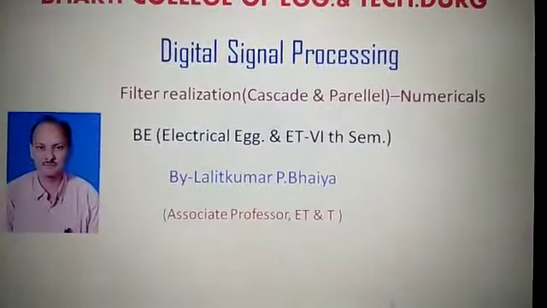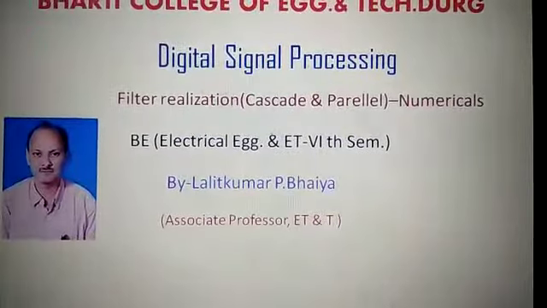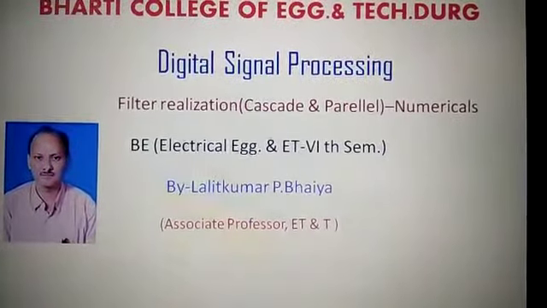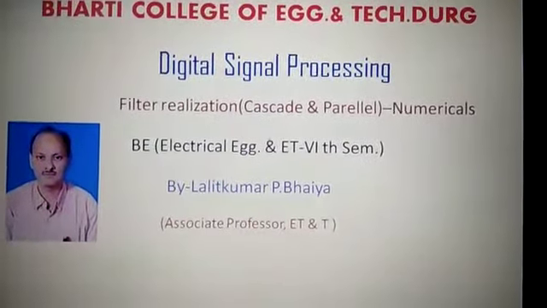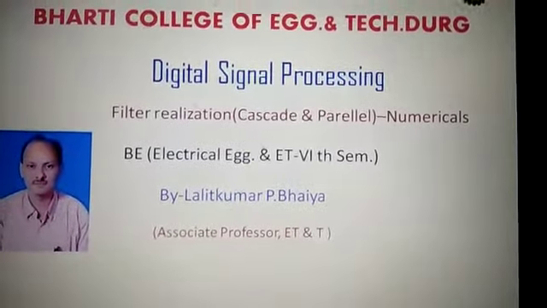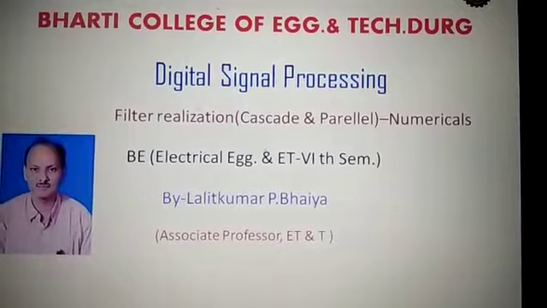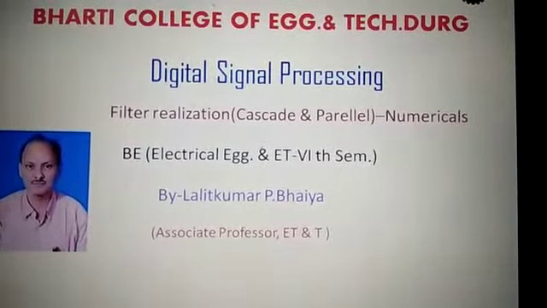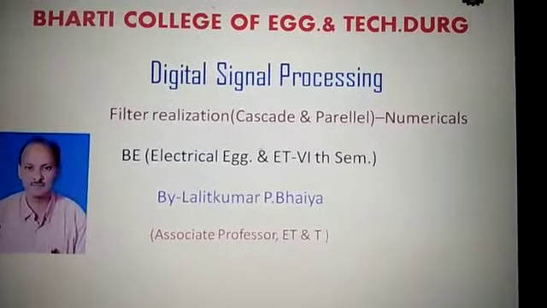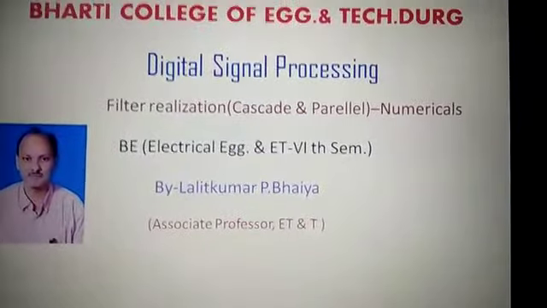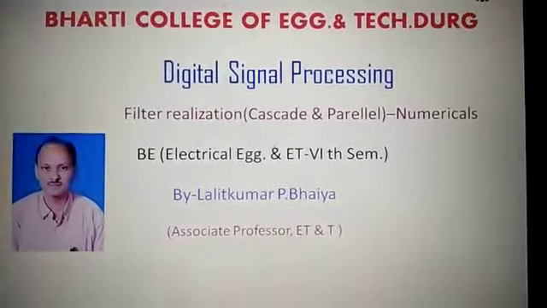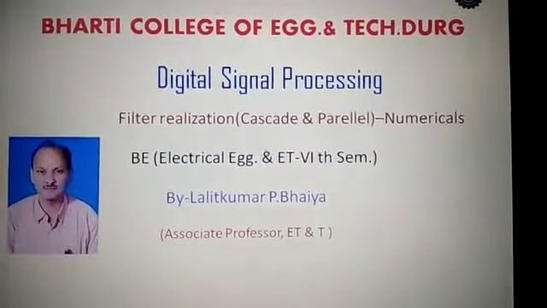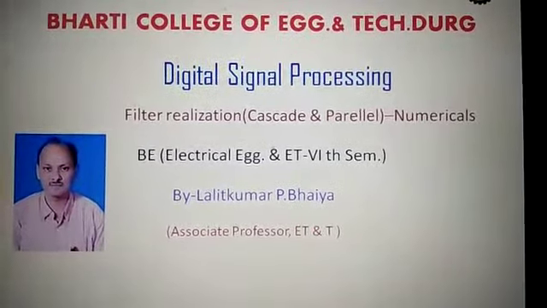In case of the parallel realization, we will make the same transfer function into the summation of the individual transfer functions, that is by partial fraction expansion method, H1 of z plus H2 of z plus H3 of z and so on. Let us see this cascade and parallel realization with the help of the numerical.